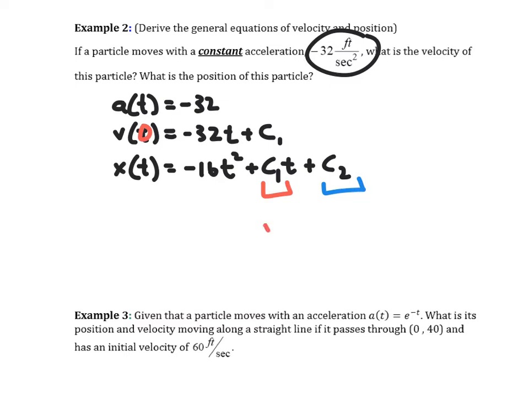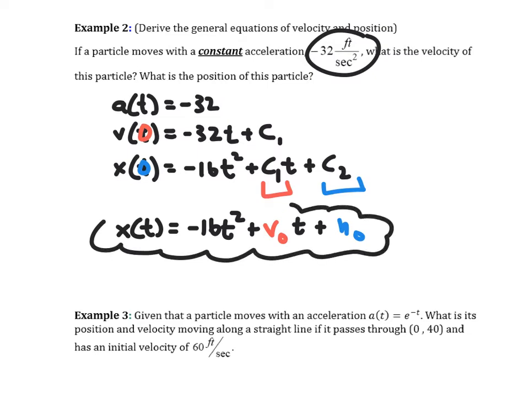So we're going to call that v sub 0. So position function is actually equal to negative 16t squared plus the initial velocity times t plus the c2 value is actually x of 0, so its initial position, which is the initial height. All right, and that should look very familiar to you.